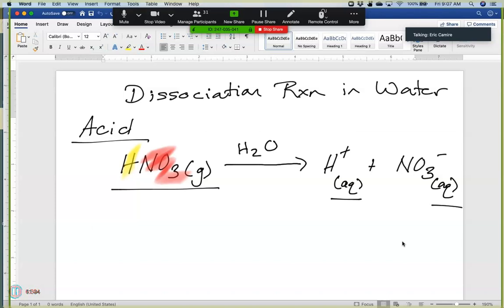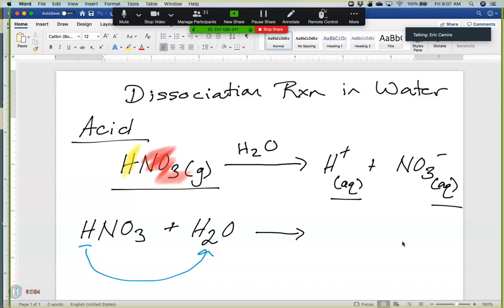With acids, there's another way to write it out, because even though we wrote it as dissolving up here, acids also actually react with the water themselves. In this case, if we're following the acid, that acidic hydrogen is going to go to the base, in this case water, and it would protonate it.